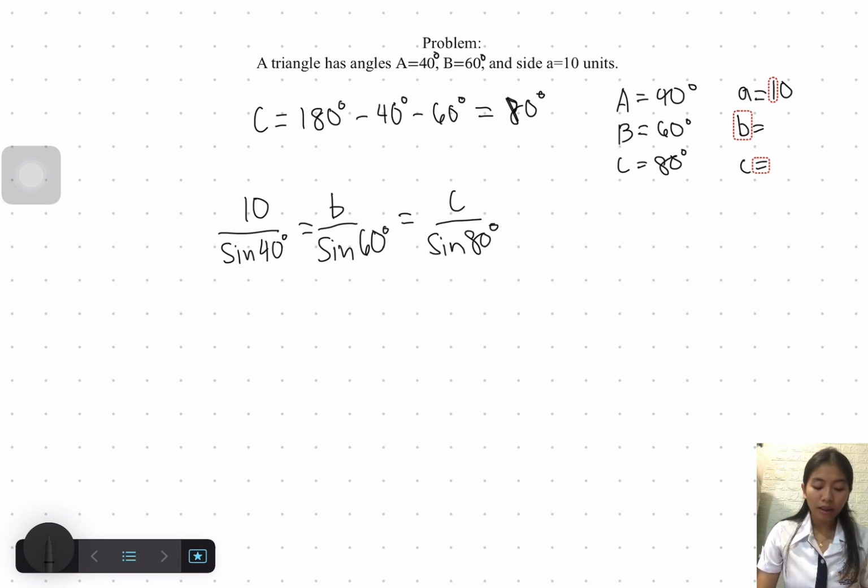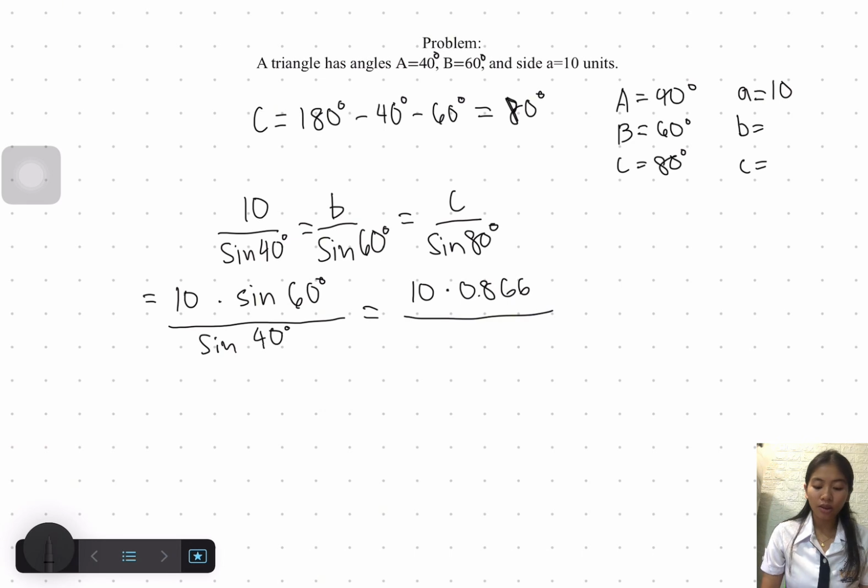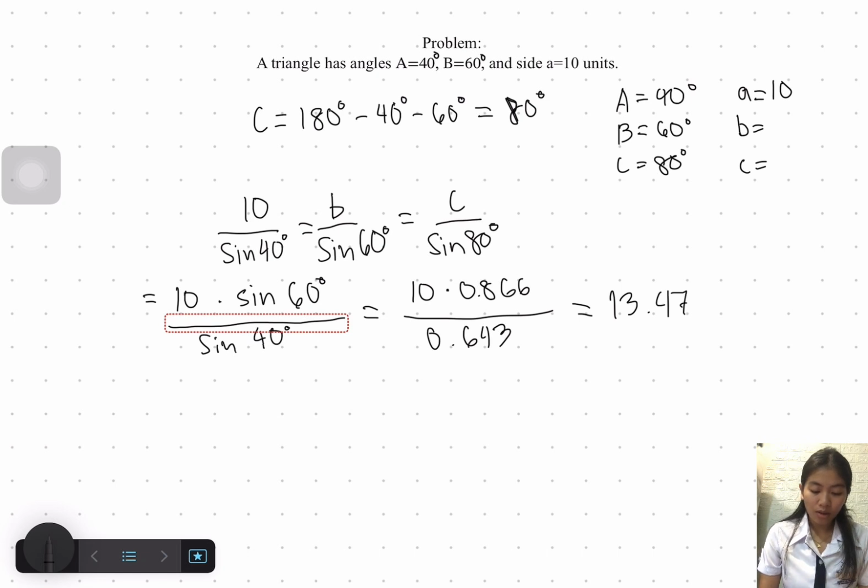We need to rewrite it again. b is equal to 10 times sine 60 degrees over sine 40 degrees, which is 10 times 0.866 over 0.643, and it is equal to 13.47. So that is the measurement of b.